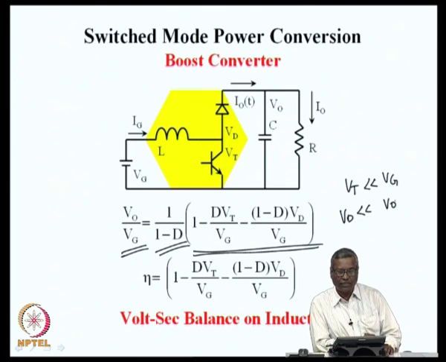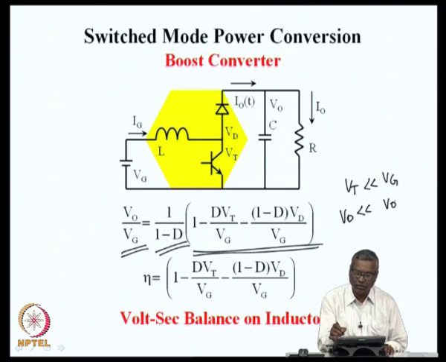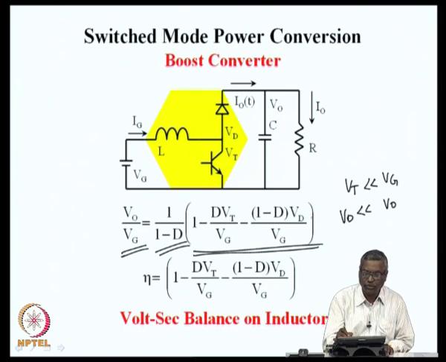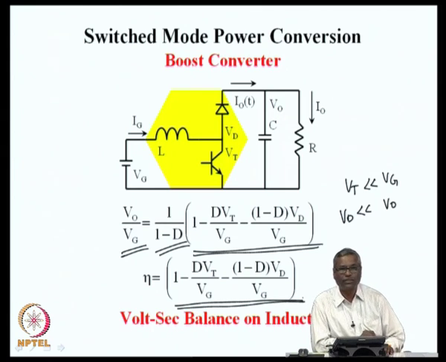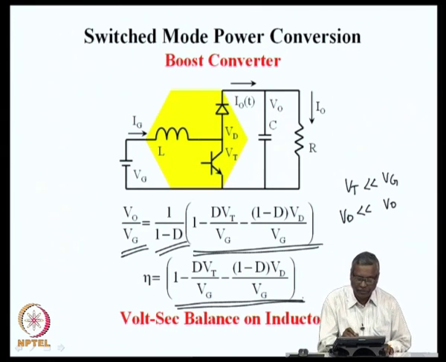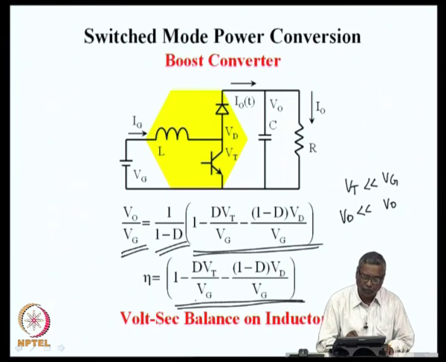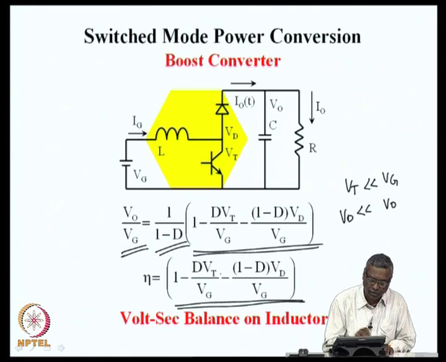If these inequalities are true, then the correction factor will be close to unity, and this correction factor is also the efficiency of the converter, and efficiency also will be close to unity, and we will have a small factor by which it is different from 1, and that will contribute to the total losses.